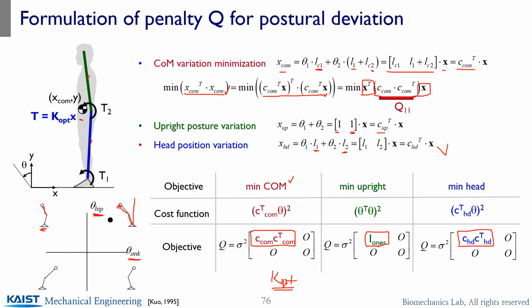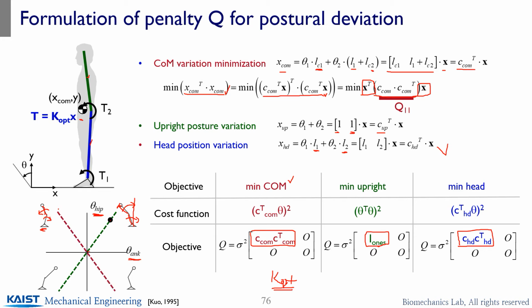So suppose you have this posture, what you want to do is just go to the origin. You want to stand upright. So maybe you can just bring your lower limb back and upper limb back. That's one way. Or if you want to minimize the center of mass deviation, if your lower limb moves backward, you move your upper limb forward in an opposite, compensatory manner to keep the center of mass in place.